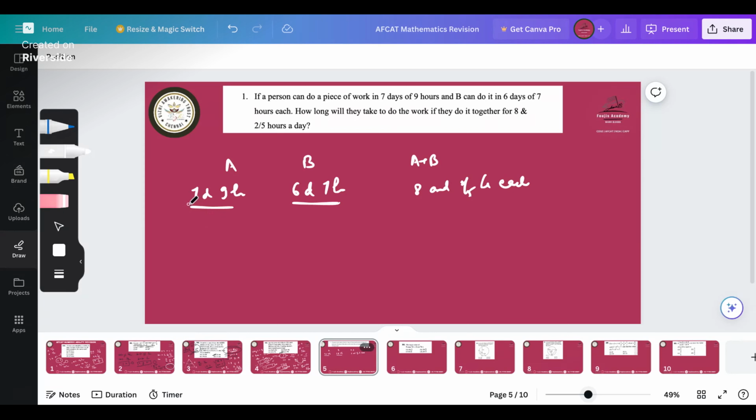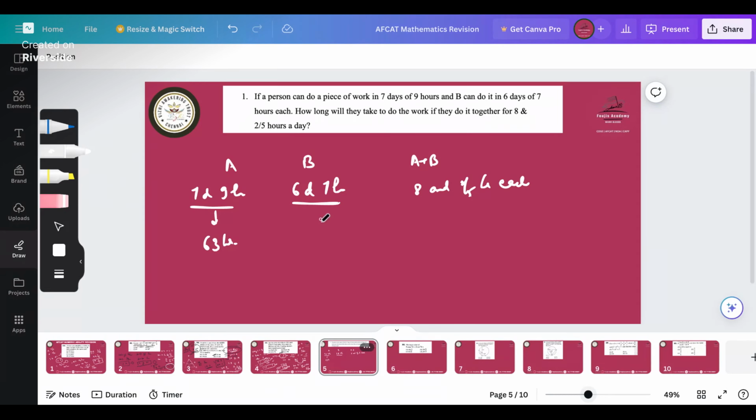Let's just try to solve it in a way that it's easy for us to solve, right? So if a person can do a work in 7 days of 9 hours, that means how many hours total did he work? 63 hours, right?